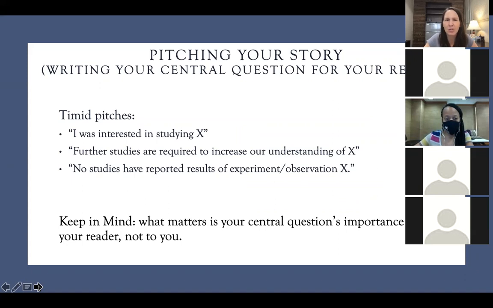Further studies are required to increase our understanding of blank, but these are really not making use of the fact that you can get your reader much more interested in your research. If you say something like, no studies have reported on experiment or observation X, it's still not telling your readers why they should care, what makes your research compelling. So you want to keep in mind what matters is your central question's importance to your reader, not to you.